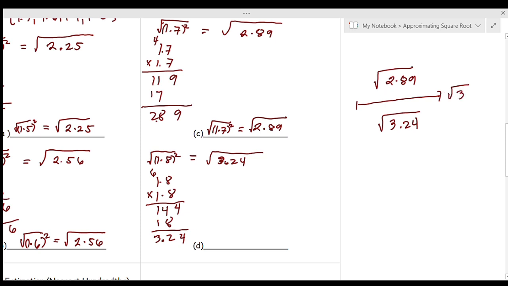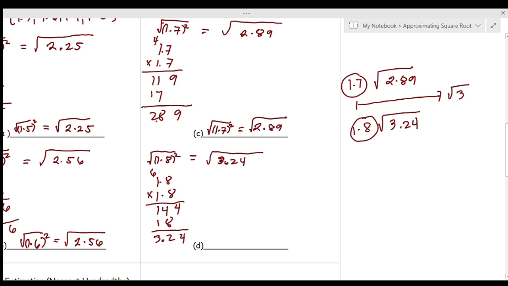It is because 2.89 is much malapit, or the square root of 2.89 is nearest to the square root of 3 than this 3.24. So meaning to say, square root of 3 is nasa gitna ng 1.7 and 1.8.